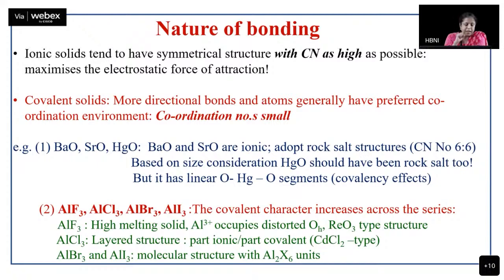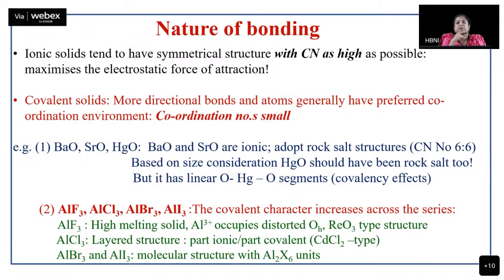Aluminium trifluoride forms a distorted ReO3 type structure. We will talk about the ReO3 type structure. It is basically a crystalline structure formed on cubic close packing, and because it is a crystalline material, it is a high melting solid. On the other hand, AlCl3. You remember what the cadmium chloride structure was?